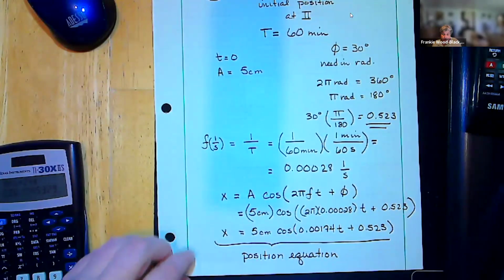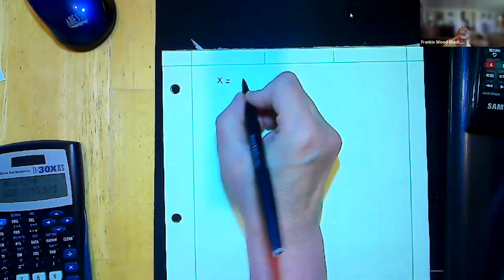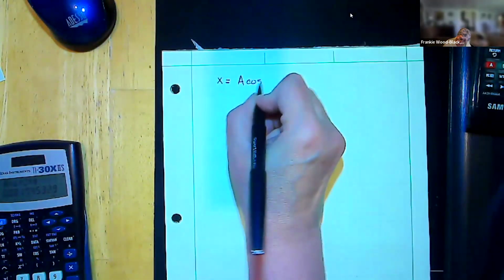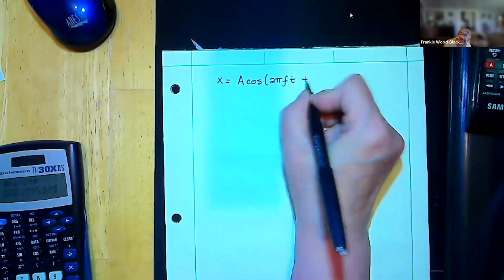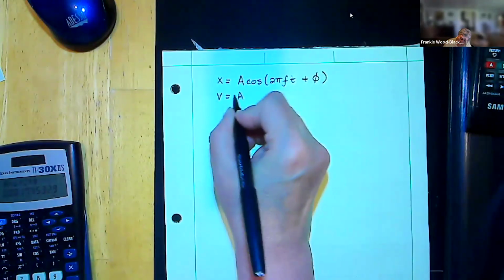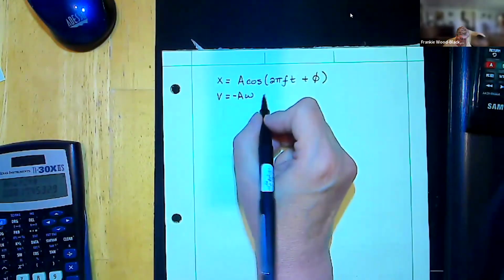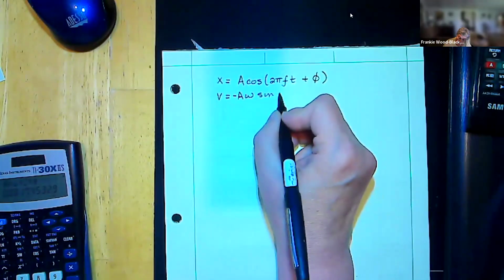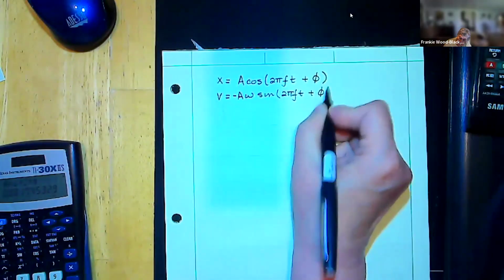Now, once you know the position equation, you can calculate velocity and acceleration pretty easily, because these are our equations of motion for this. I get A cosine 2 pi times the frequency times t plus my phase angle. I get velocity is equal to minus A omega sine 2 pi times the frequency times t plus my phase angle.